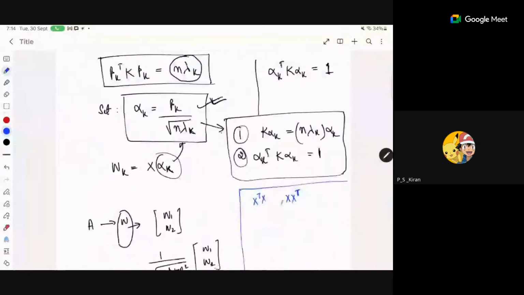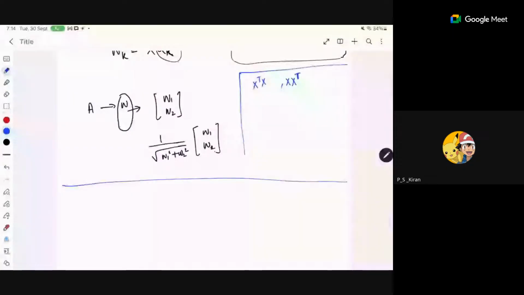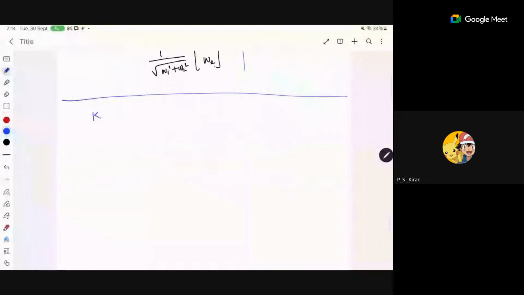Let me write it here. K, which was the matrix X transpose X, has eigenvalues n lambda 1, n lambda 2, and so on till n lambda L, and its eigenvectors were beta 1, beta 2, and so on till beta L.